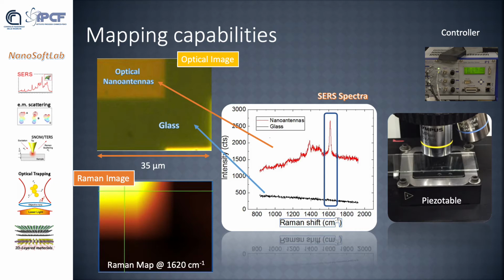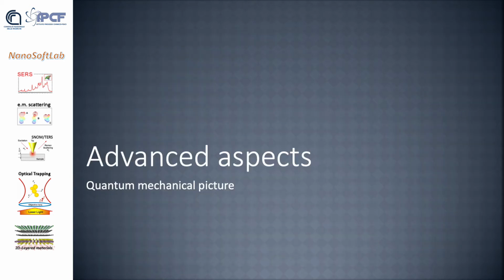This is the Raman map at 620 cm^-1, coming out with this kind of image that tells us that in this zone we have the optical nanoantennas plus the molecule, while in this zone we do not have any enhanced signal, and this is basically glass. So this is a typical example of a Raman map that allows chemical mapping of samples.